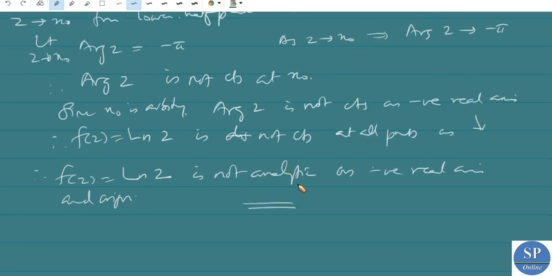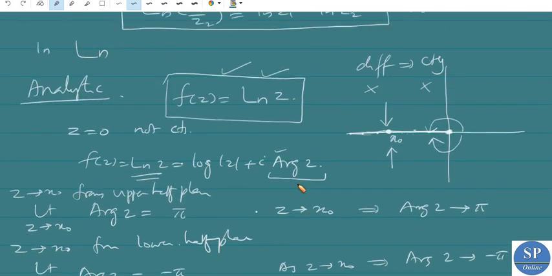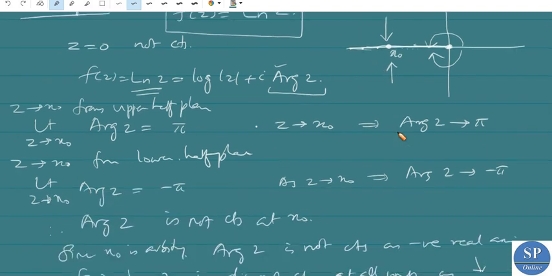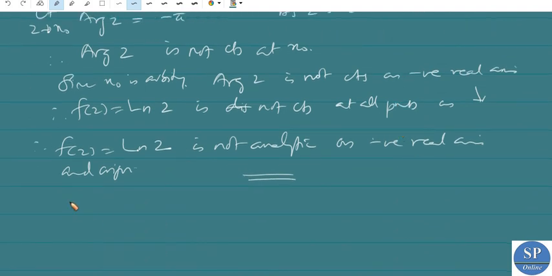So to find the region where it is analytic, we need to eliminate or exclude this line. We have to exclude this line, and then we can find the region or domain. So the region or domain where the function f of z is equal to ln of z is analytic is the entire z plane excluding this line, this negative real axis along with the origin 0.